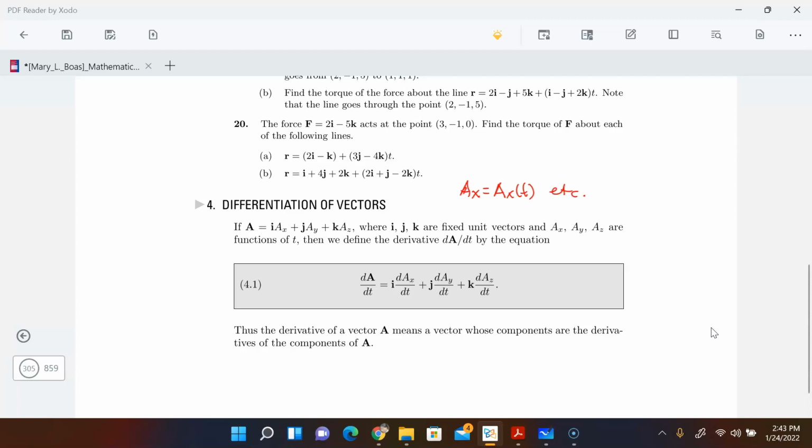In this particular case, one could then define what we call the derivative of the vector, which is simply defined as the derivative of the components, and then you add up their respective directions over here. One has to be careful over here. Here your i, j, and k are called constant unit vectors.